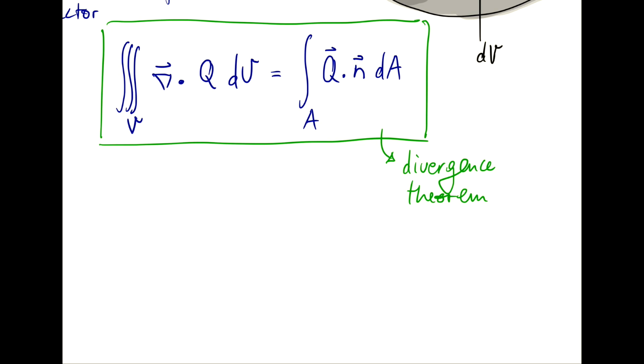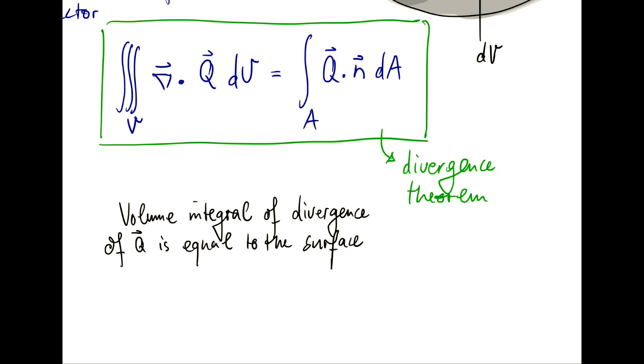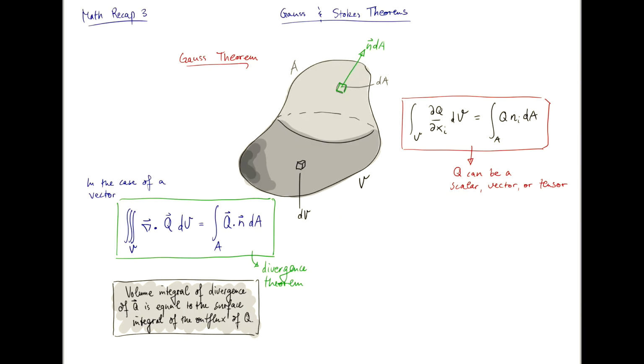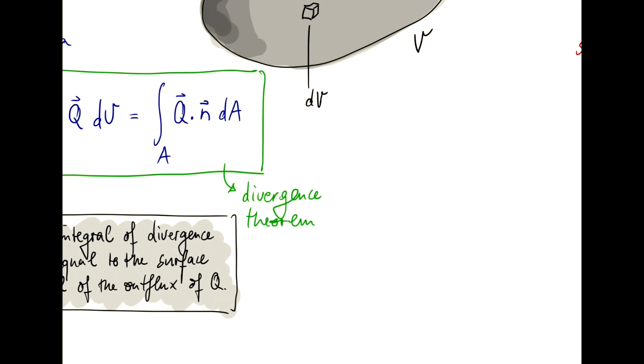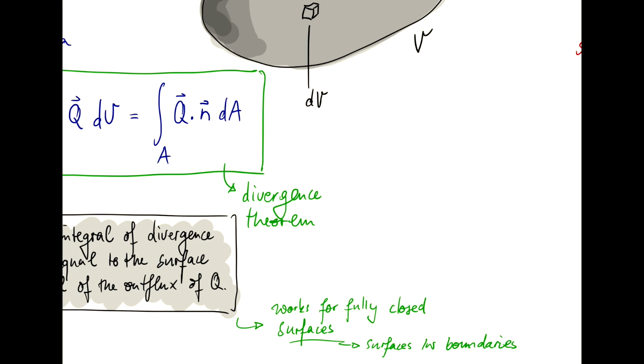And in words it can be expressed as follows. And so this only works for fully closed surfaces, whereas for surfaces with boundaries, we need Stokes' theorem, which we'll do in a minute.